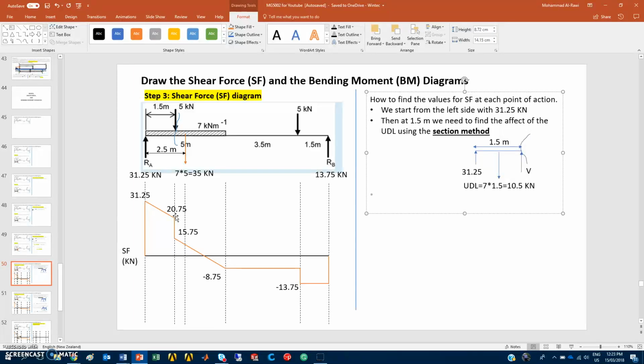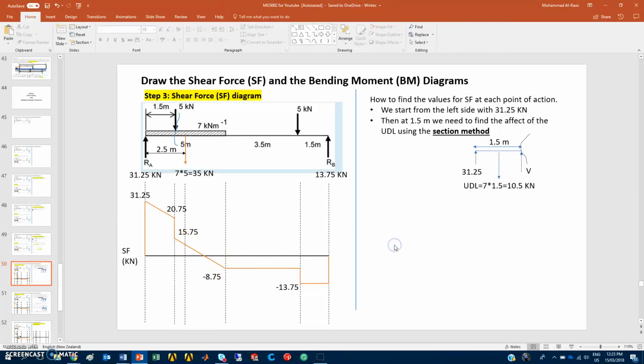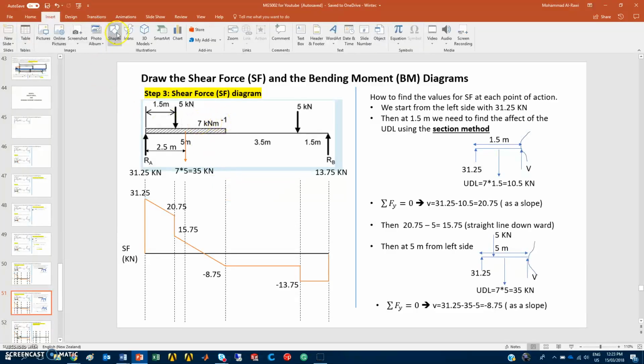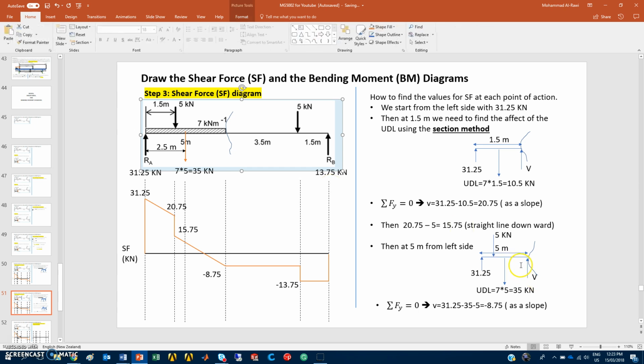Now we have another force dropping at that point: 5 kilonewtons going downwards. So this goes 20.75 minus 5, to 15.75, till this point. Now I have again the impact of the UDL, which will stop at that distance. How can I do it? As you see in the second diagram, I need to take another section at another point, this time around this end.